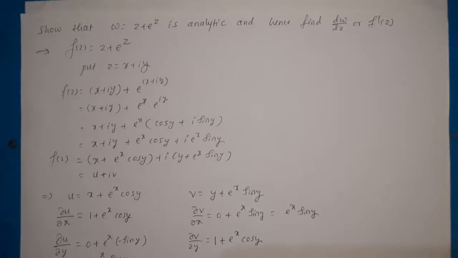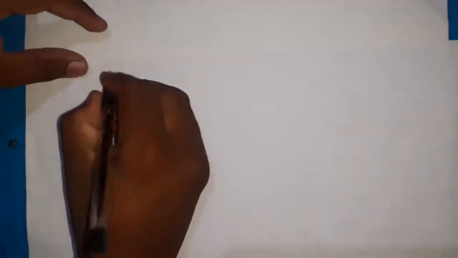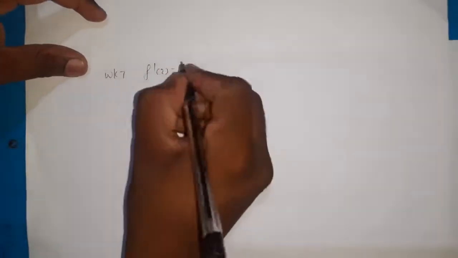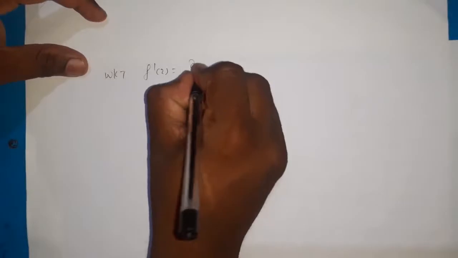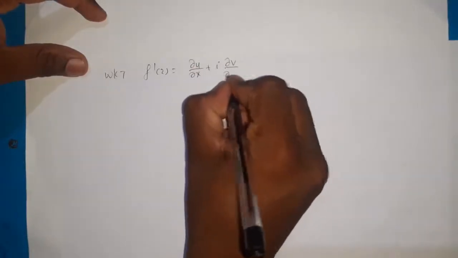Then we need to find f dash of z. So, here we know that f dash of z equal to dou u by dou x plus i into dou v by dou x.